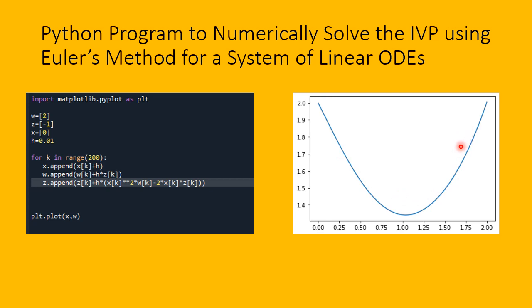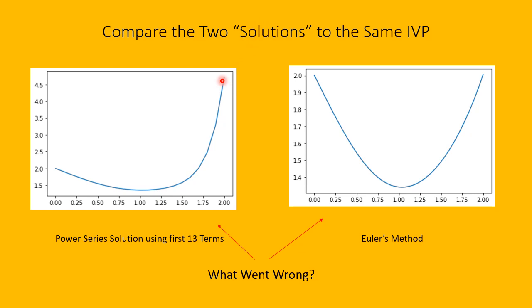Well, if your memory is at least as good as mine, this does not look like the graph that we got from our power series solution. What is going on? If your memory is not as good as mine, let me refresh it for you. This is what we got using 13 terms from our power series.